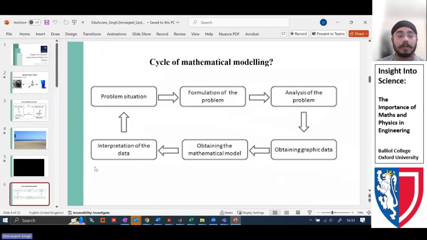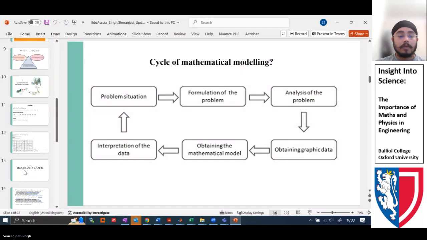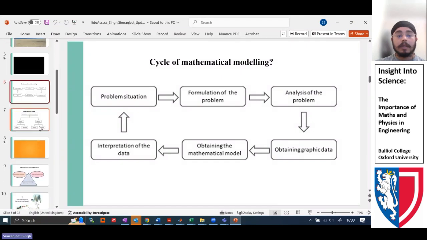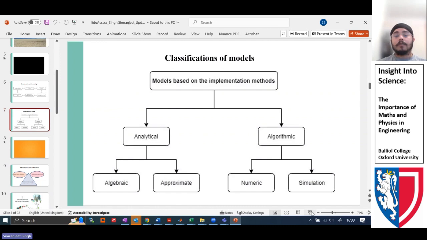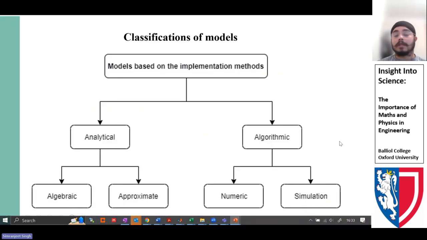Now, if we jump into it, there are multiple types of models that we come across that we can run in order to get our solution and to get the simulation as precise as possible. So we have multiple models, and these models are defined as analytical and algorithmic models. Analytical models just use very basic equations, and they are not very dynamic.